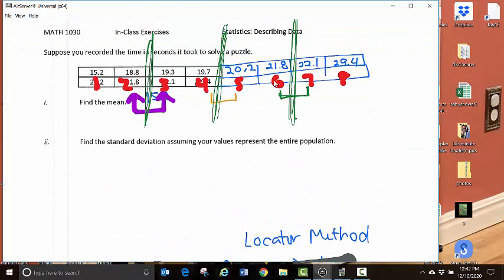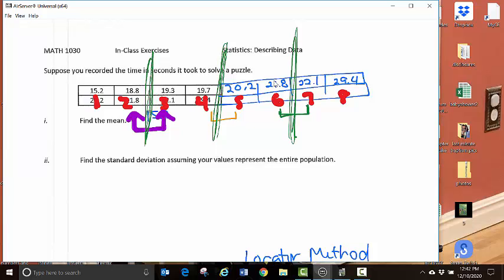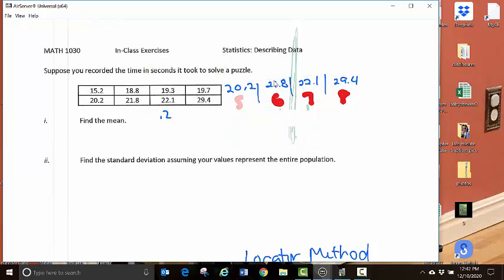And I want you to go to the page that has this 15.2 on it.